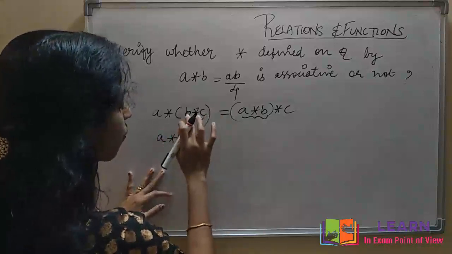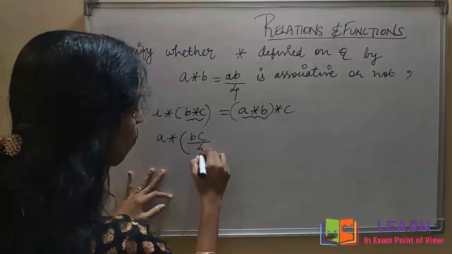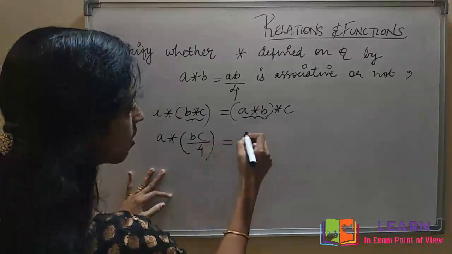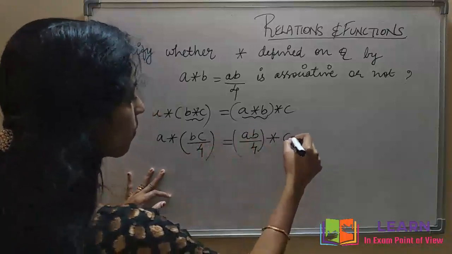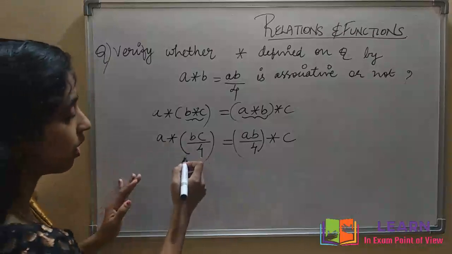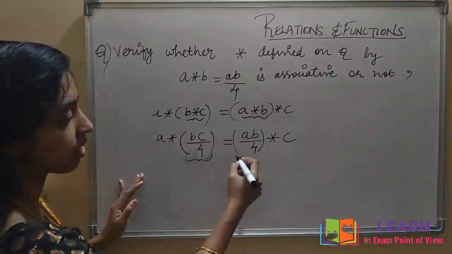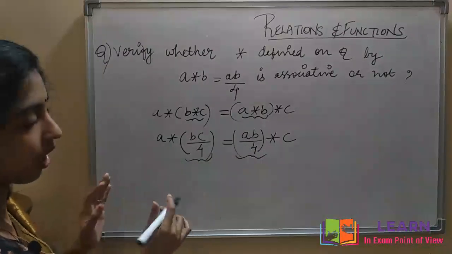Here in the place of ab it is bc, so we have bc by 4. Then here it is as such, ab by 4, star. Then again two elements, again a binary operation. This you can denote as X and this you can denote as Y, so it will be easy.